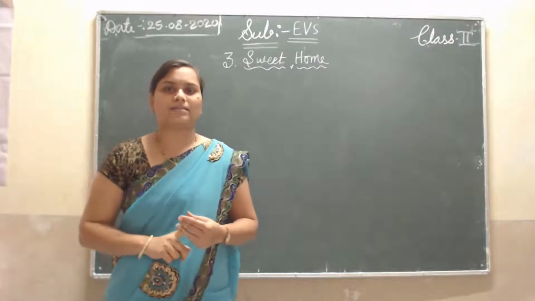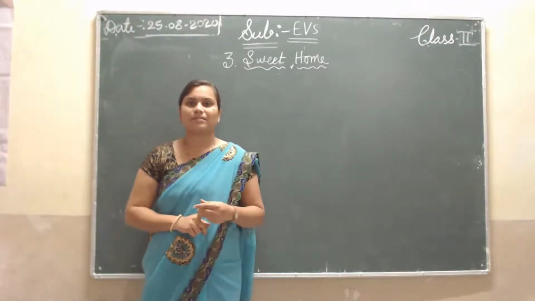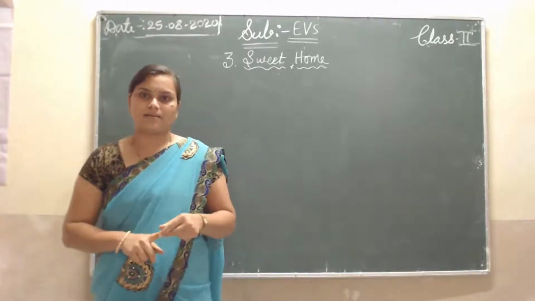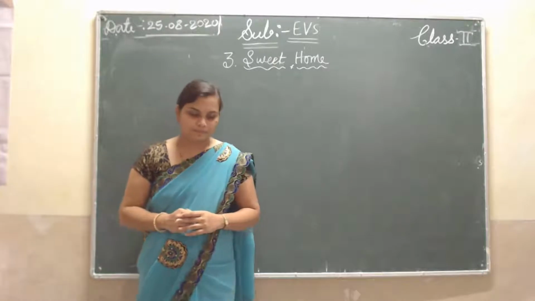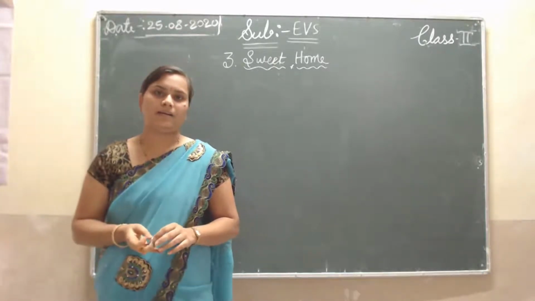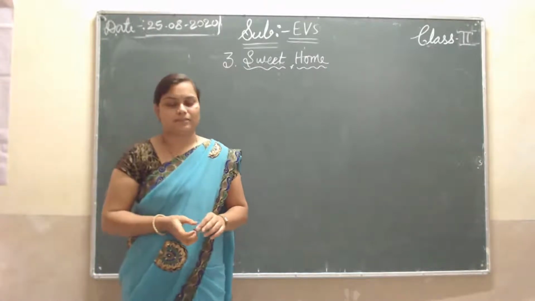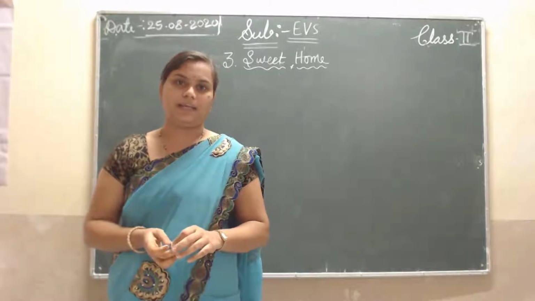Where do we see flats and apartments? We see flats and apartments commonly in cities and towns because less land is available there and there is demand in cities. Bungalows contain a large area.